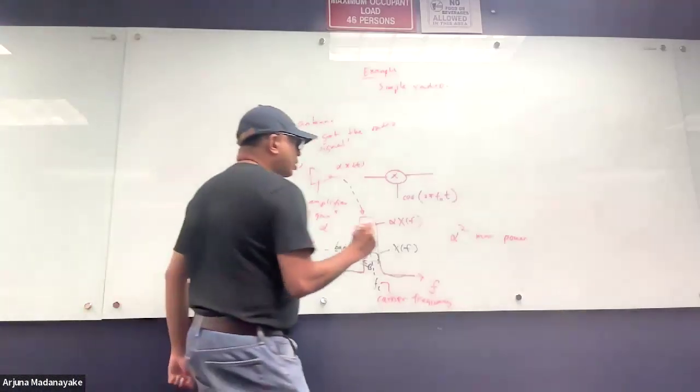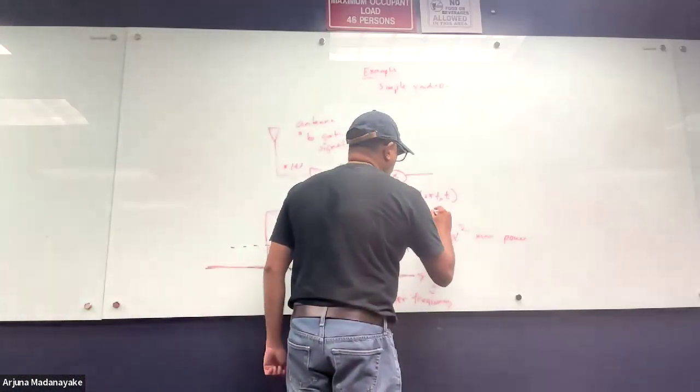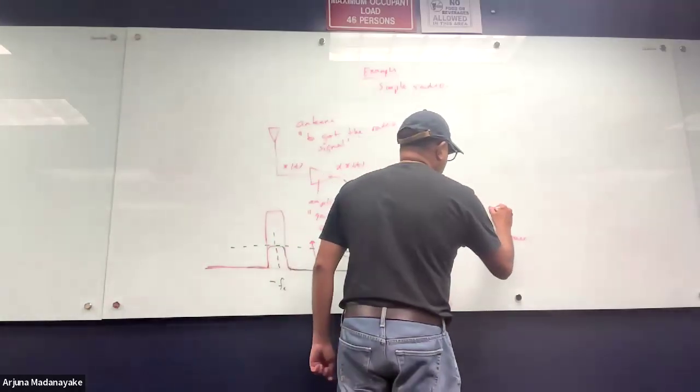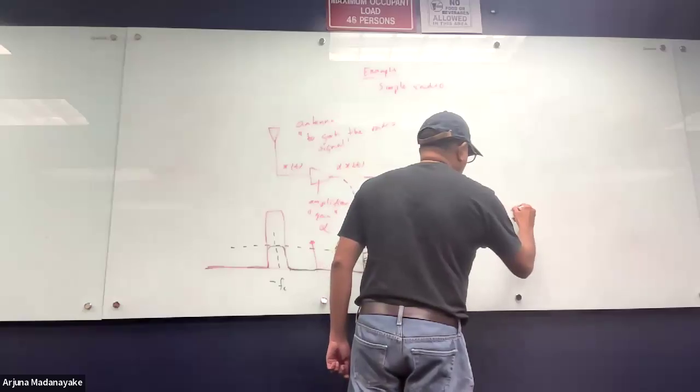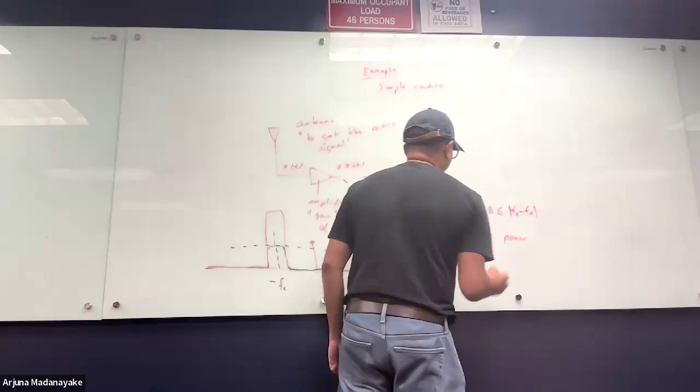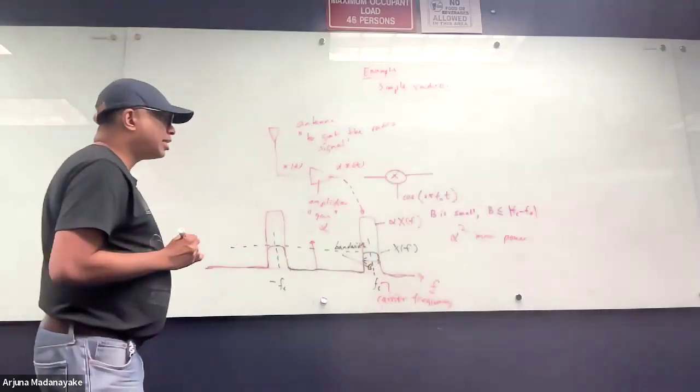So let's assume that B is small, so that B is much smaller than FC. B is the bandwidth.